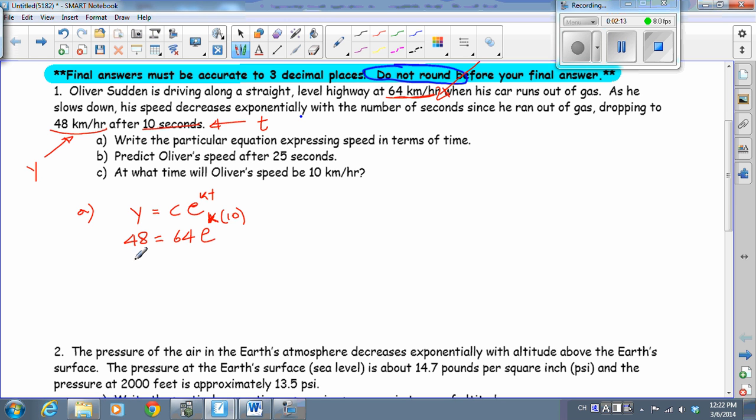So I will divide both sides by 64 to get 48 over 64 is equal to e to the power of k times 10.